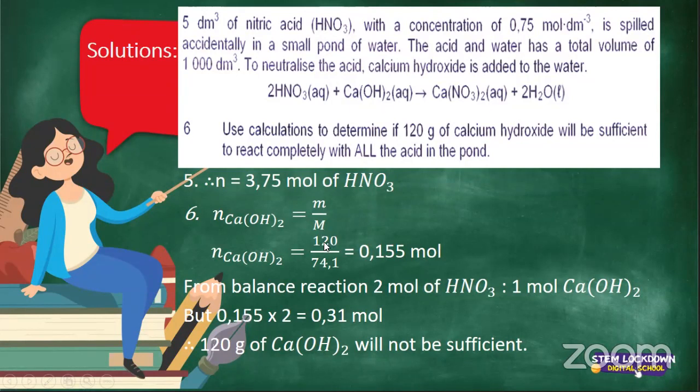The mass of calcium hydroxide is 120 grams, and the molar mass of calcium hydroxide is 74.1. So if you divide 120 by 74.1, you should get, now something is going wrong here.